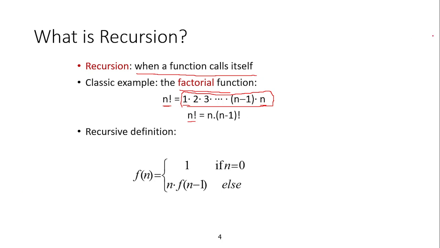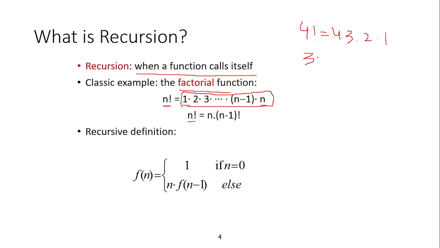So say for example, if you have 4 factorial, by this definition, what is 4 factorial equal to? 4 factorial is equal to 4 multiplied by 3 multiplied by 2 multiplied by 1. Similarly, what is 3 factorial?